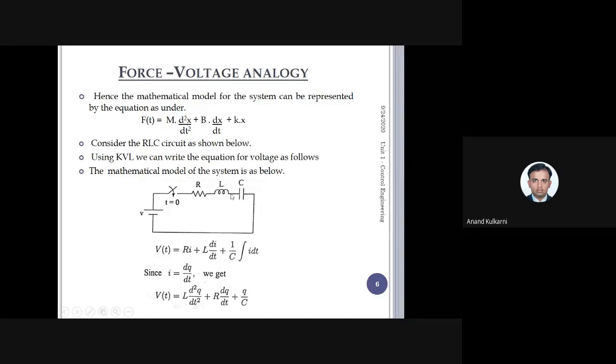If you draw this in parallel, with resistance here, inductance here, capacitance here, even if your answer is correct, if your representation is wrong, you are going to lose around 15 to 20% of the marks. Remember, in force voltage analogy, the components should be kept in series only. They cannot be in parallel.